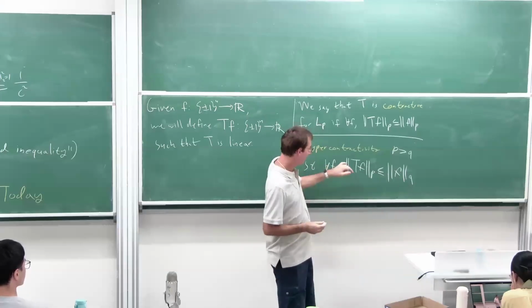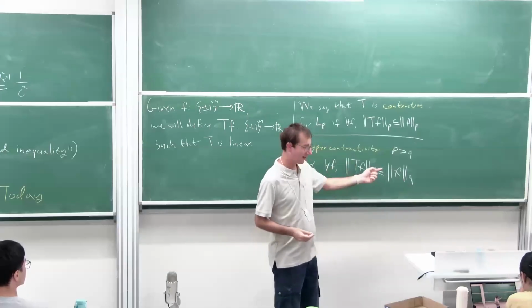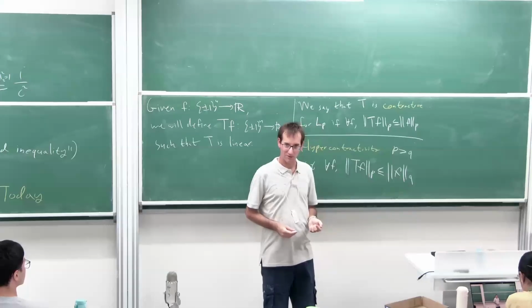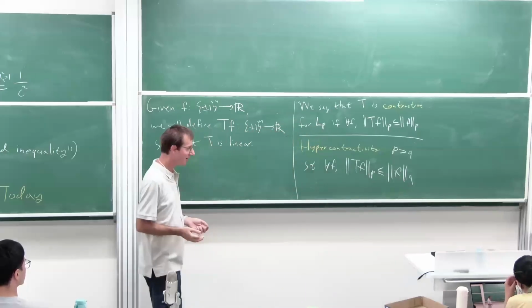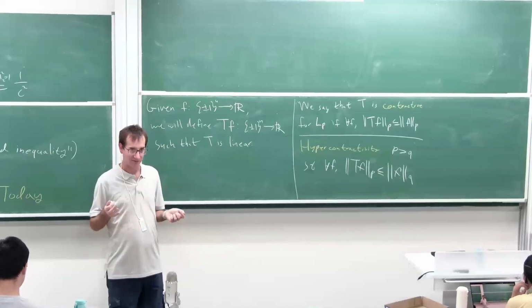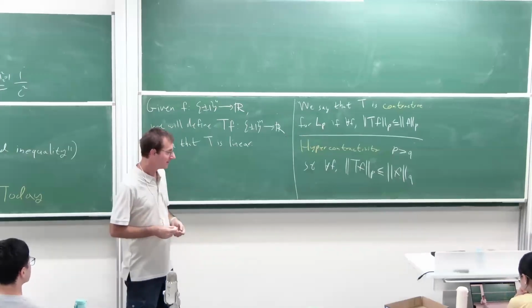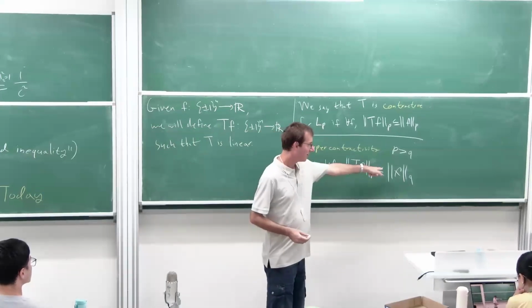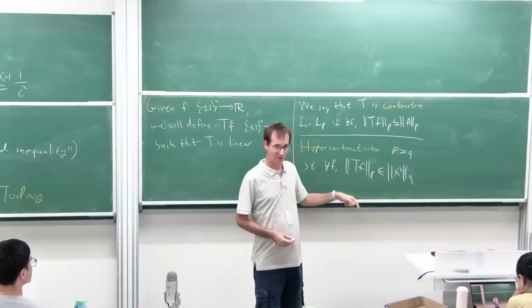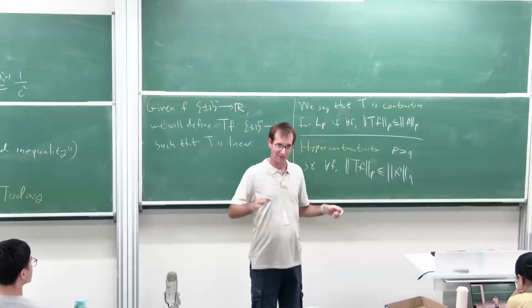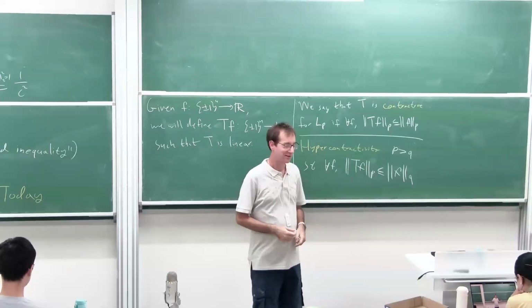If we didn't have this operator here, there's no way that this kind of inequality is going to hold. So this is some kind of magic, something which is unexpected. Sometimes we also allow a constant here, but because of the way that the proof works, if we did have this constant, it would be very bad, so we won't be able to prove it.